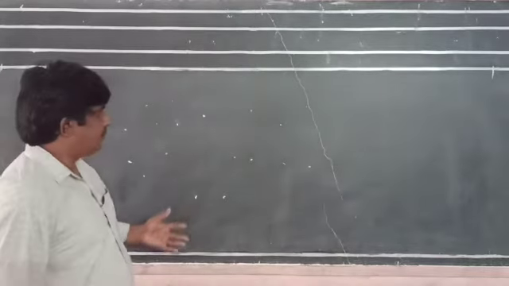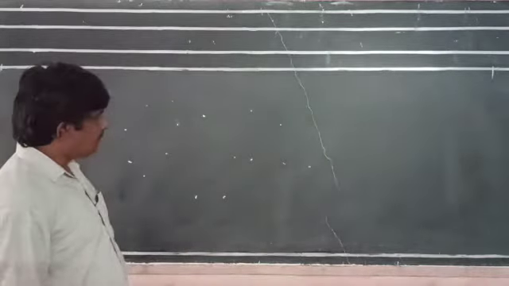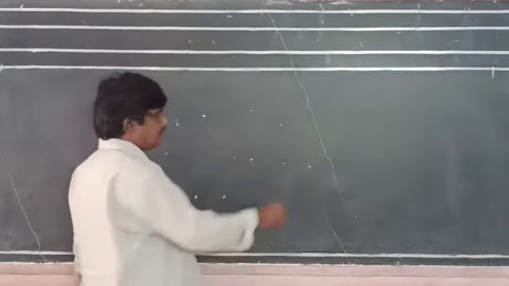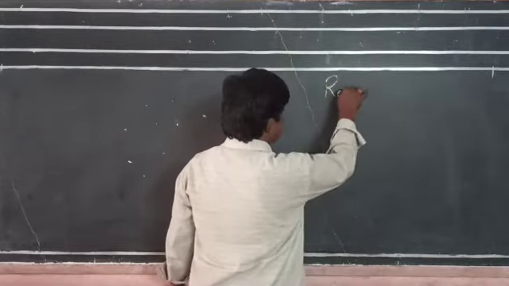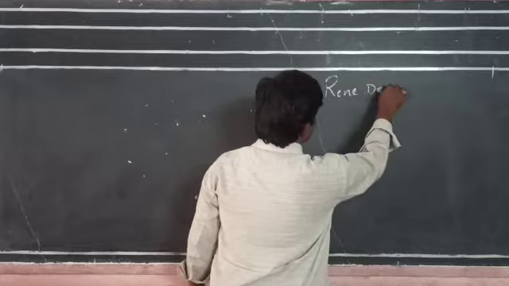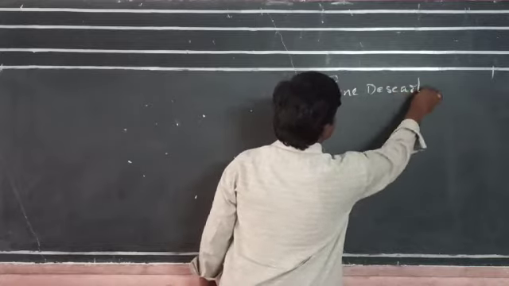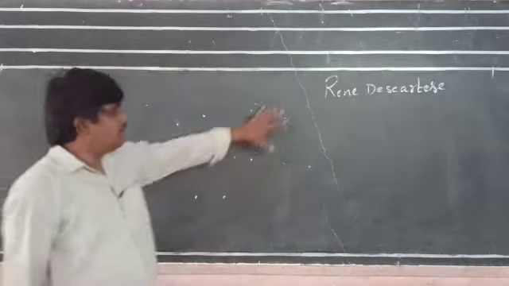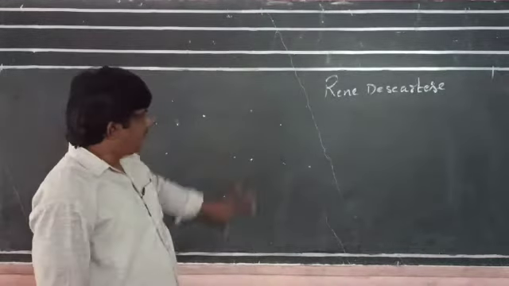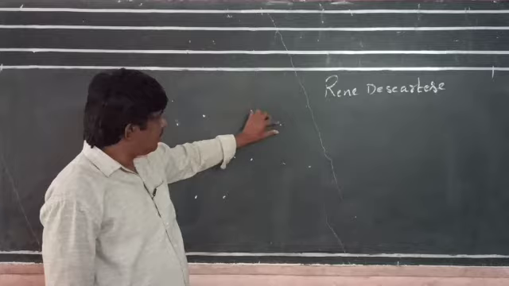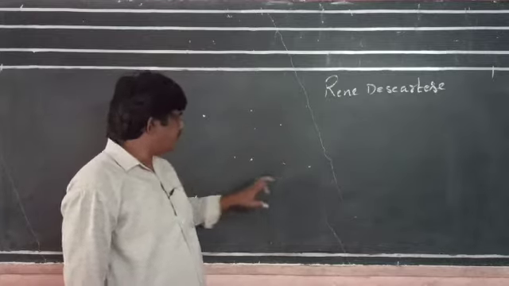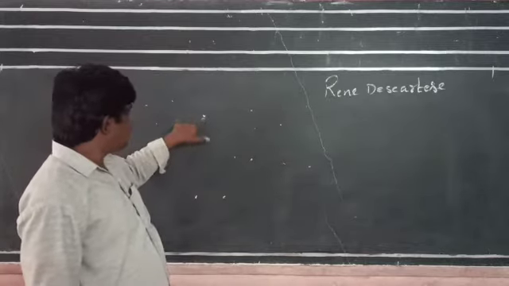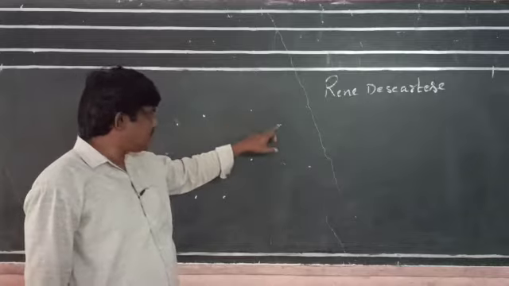How can I do this? For this, one of the scientists, Rene Descartes, gave a proper idea to identify the individual points' addresses. This point is not the same as this point, which is not the same as this point.